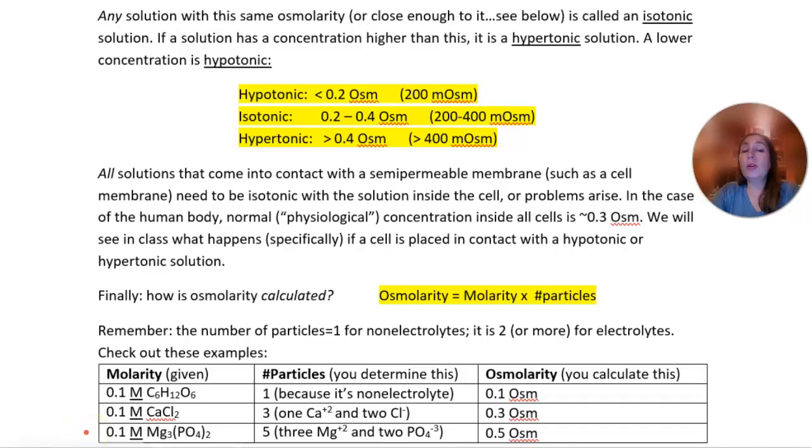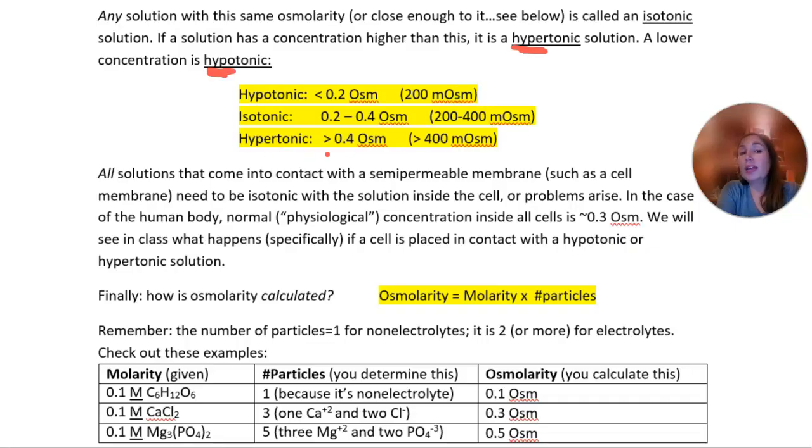Any solution with this same osmolarity, or close enough to it, is called isotonic. So if you're close to 0.3, that's isotonic. If a solution has a concentration higher than that, it's called hypertonic, hyper for extra. And a lower concentration is called hypotonic.